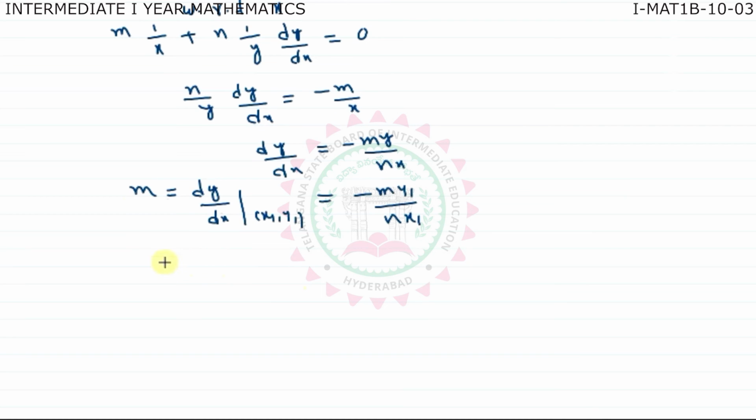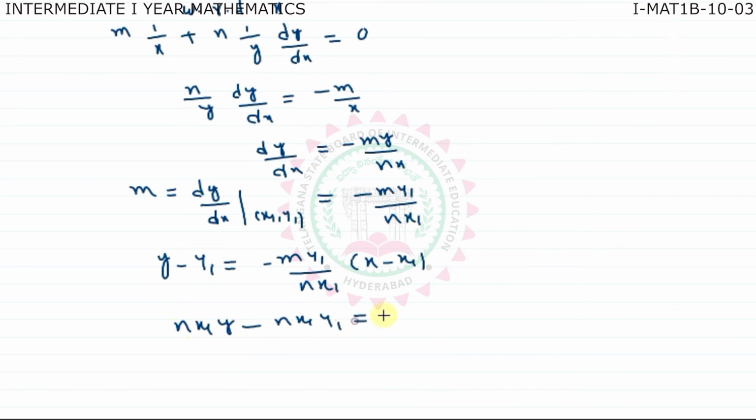Now find the equation of the tangent. y minus y1 is equal to minus m y1 divided by n x1 into x minus x1. Again on cross multiplication you will get n x1 y minus n x1 y1 is equal to minus m y1 x plus m y1 x1.